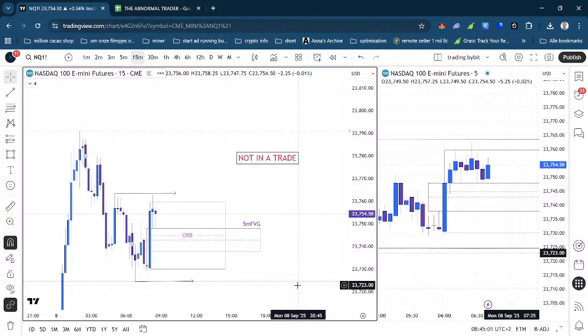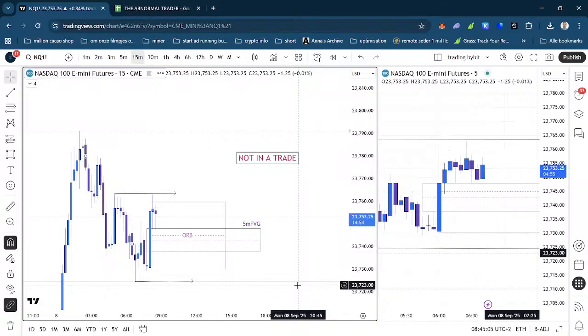I'm not sure how it's written in your plan exactly, but this is what I remembered. So if London opens, you cannot use pre-ORB anymore. Then you have to be patient and see what London brings.